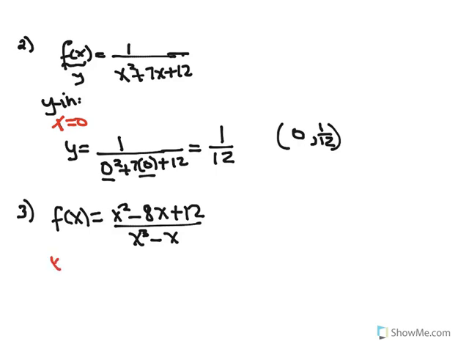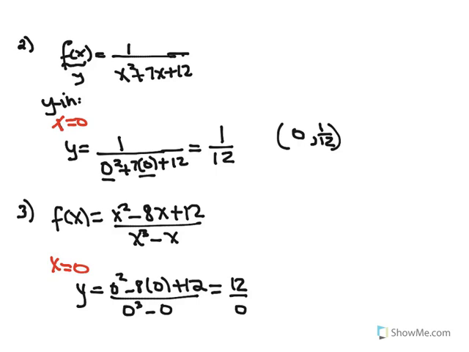Again, the first thing I do is make x equal 0, and then y is equal to 0 squared minus 8 times 0 plus 12 divided by 0 cubed minus 0. I have 12 divided by 0, and now I have a problem because 12 divided by 0 is not a number, because division by 0 is not defined.